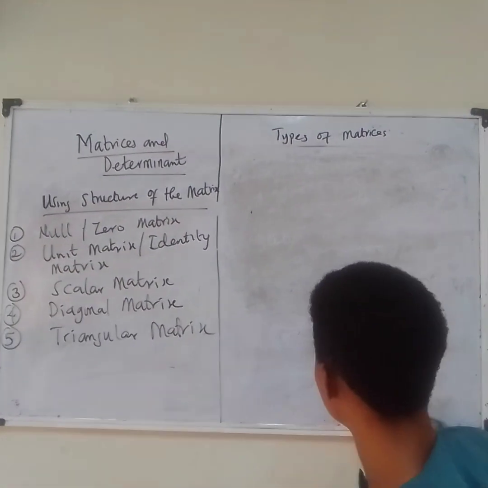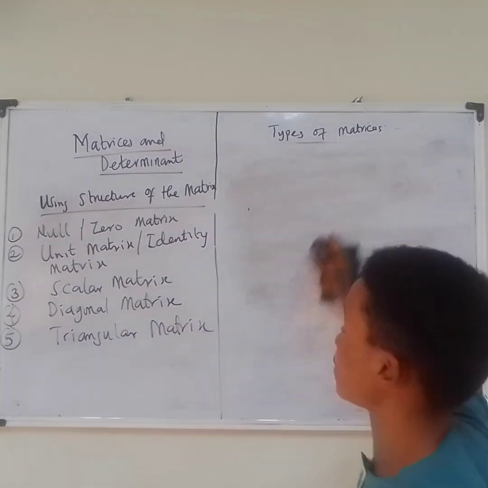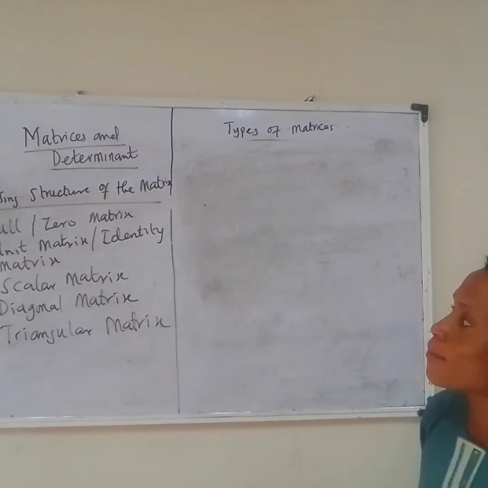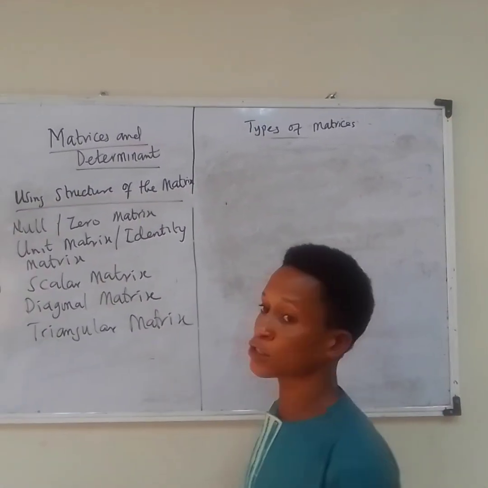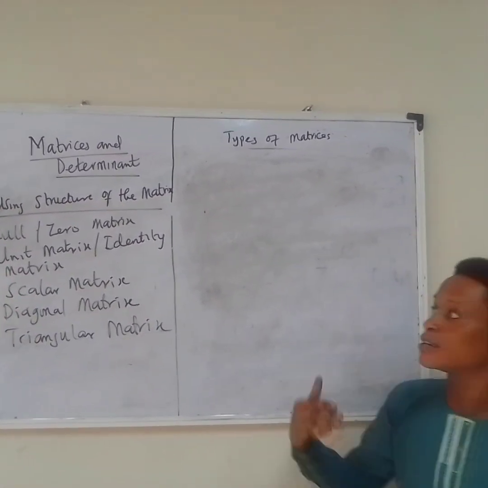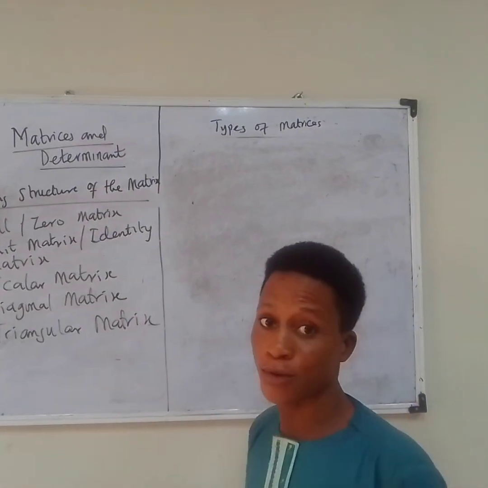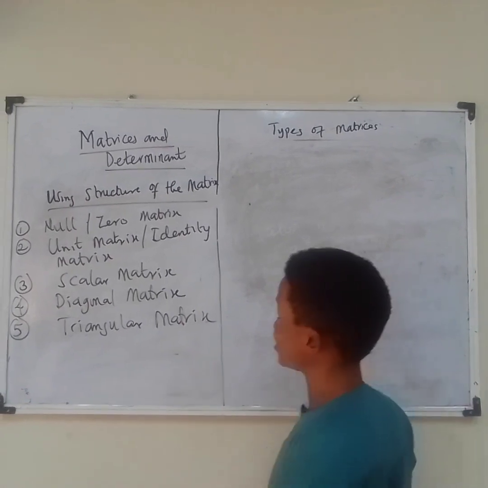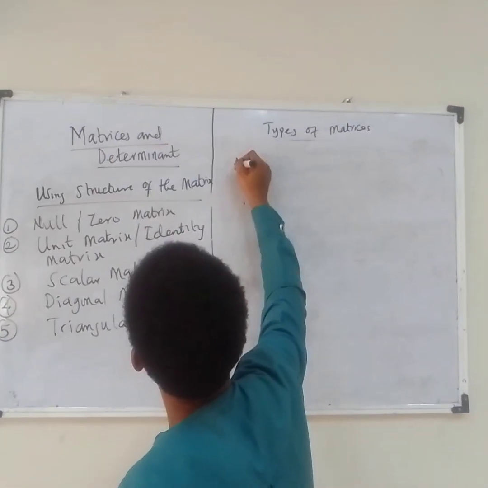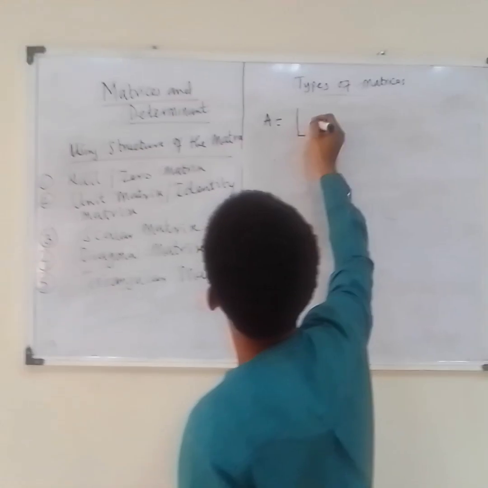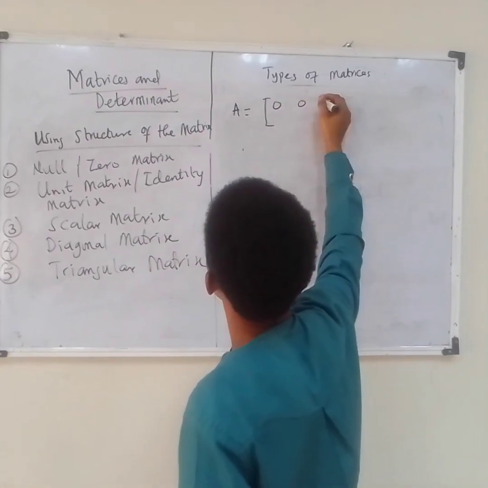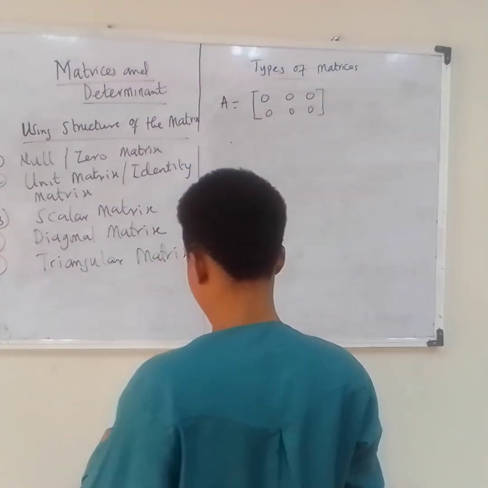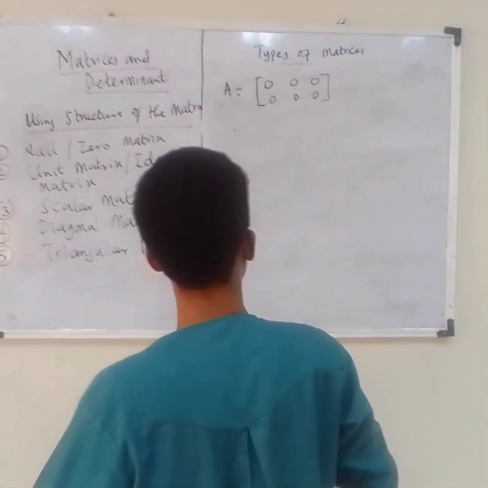There is a reason why we need to explain all this, because we need to understand some terms and concepts. What kind of matrix am I dealing with? So, the null matrix is a form of matrix in which all the elements in the matrix are zero. If for instance matrix A equals 0, 0, 0, 0, 0, 0, this is a null matrix.